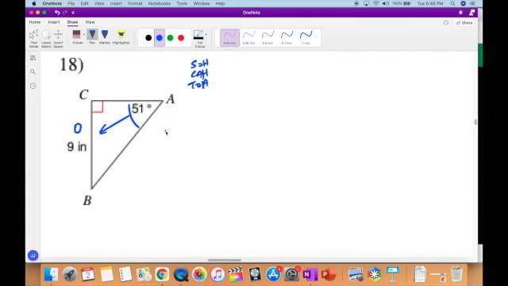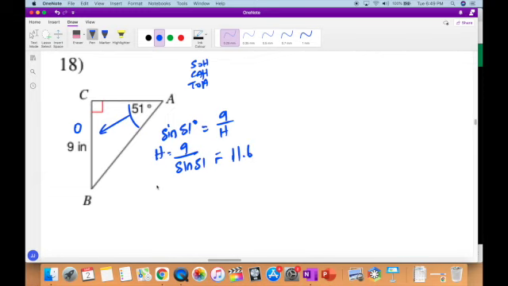The sine of 51 degrees is equal to the opposite, which is 9, over the hypotenuse. Therefore the hypotenuse is equal to 9 divided by the sine of 51, which is 11.6.